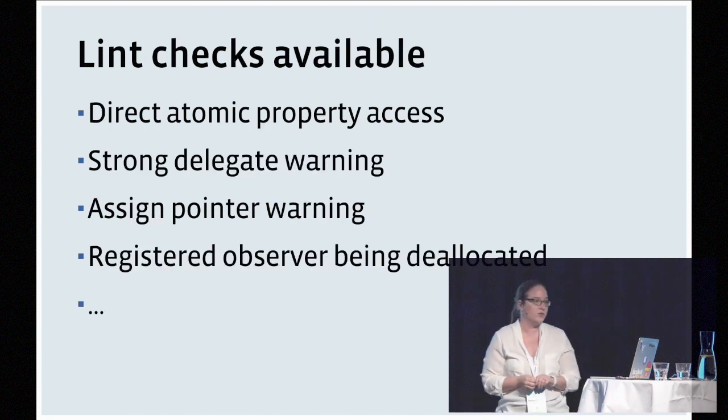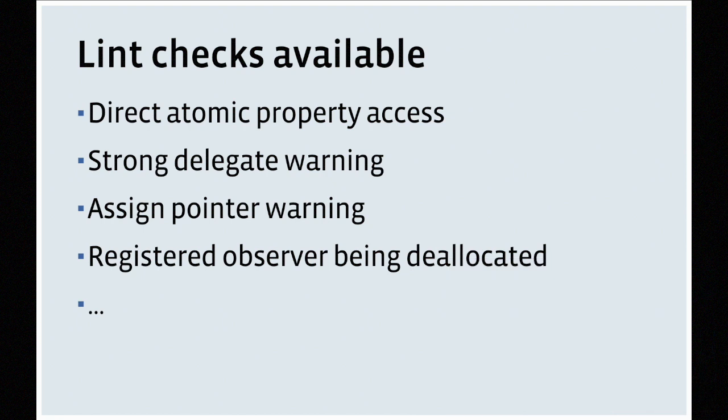So at the moment we have a few of these checks available. For example, when a property is defined atomic, but then is accessed directly, not via a getter or setter, that could be a problem. Another warning when you have a property that is a delegate that is strong, that could lead to retain cycles. Or where we have a property that is a type pointer and is assigned instead of strong or weak, that could also lead to errors, so it's a warning.